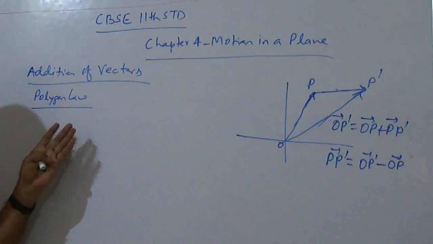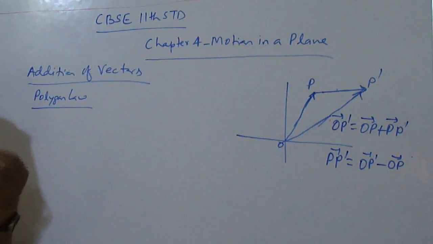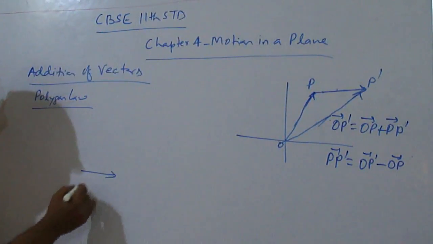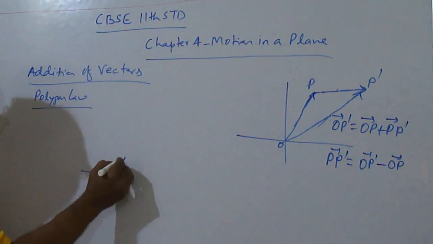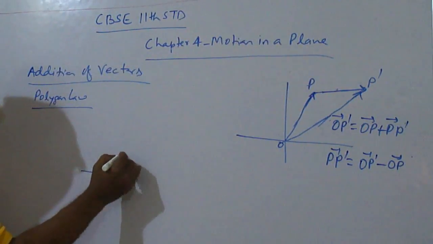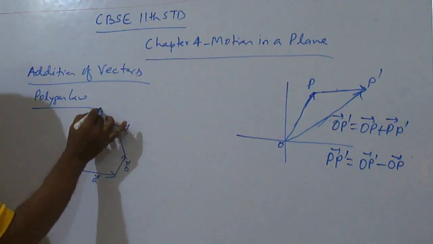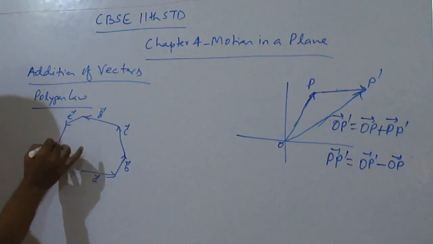But suppose we are given more vectors, two or more than two. If one vector is this one, another vector is this one, then another vector, and another vector D, it will create a polygon, correct or not?